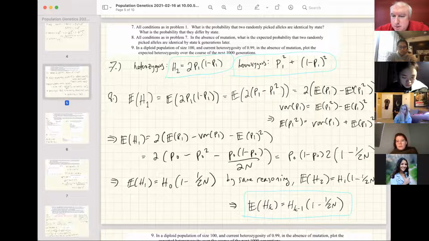We know what this is, but we don't have the expectation of P1 squared. We do have the variance, so we can substitute for variance and just square the expectation of P1 that we already have. If we substitute that in here, we can then factor out this term, which is just the definition of heterozygosity. So we end up just multiplying by that factor each time.